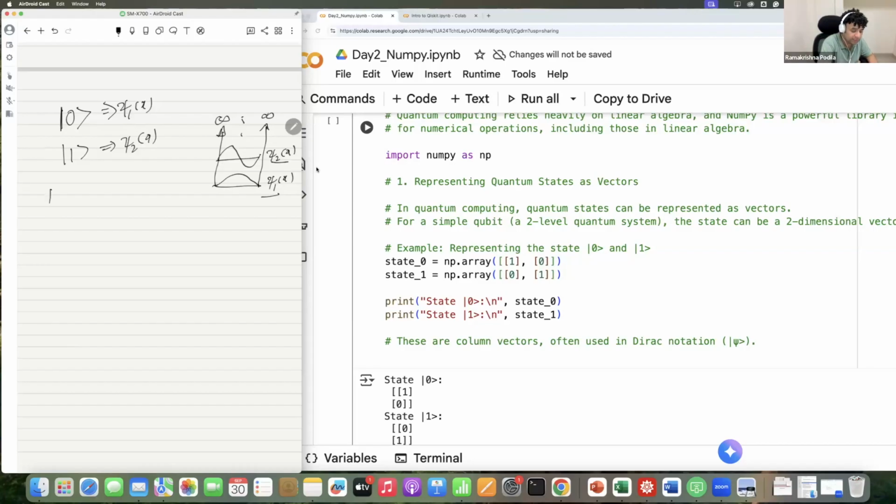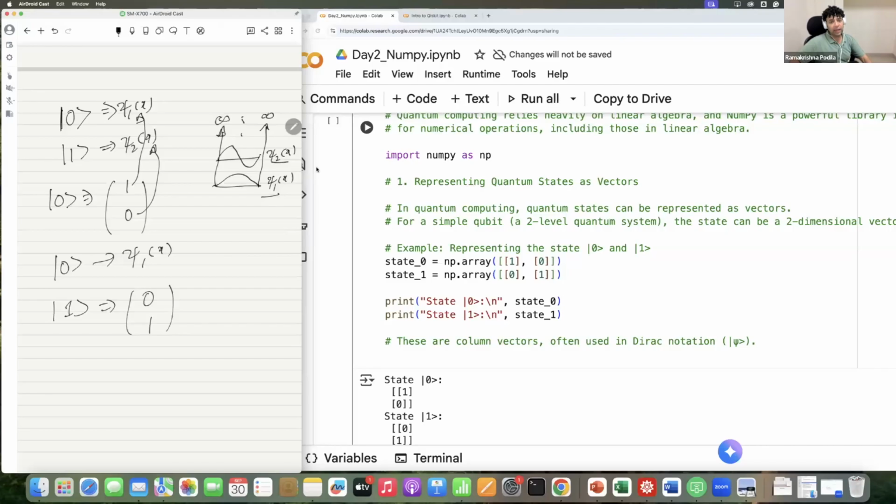So I could express this 0 vector as a column matrix 1, 0. That means when I go to the basis, this would be 1 times psi1 of x plus 0 times psi2 of x. So this 0 is simply saying psi1 of x. And state 1 you could represent as 0 and 1. These 1, 0 and 0, 1 are meaningless without the basis.